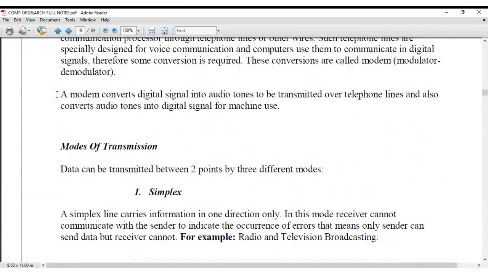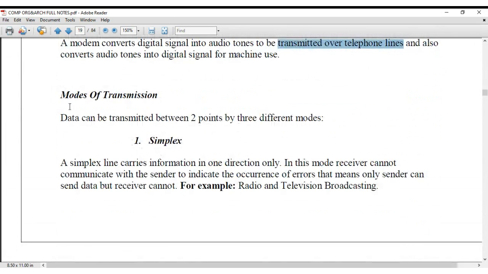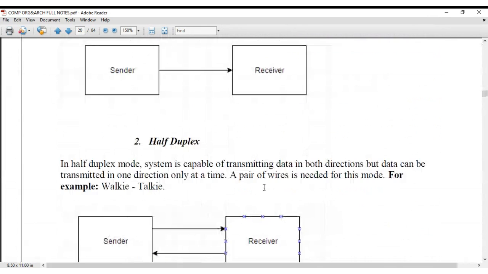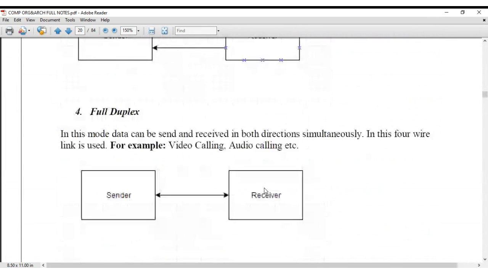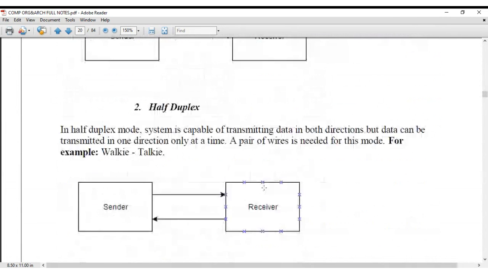So as you can see in this statement, modems convert digital into audio to be transmitted over telephone lines, just as I had said. So now let's discuss modes of transmission. How is data transmitted from sender to receiver and back, right?